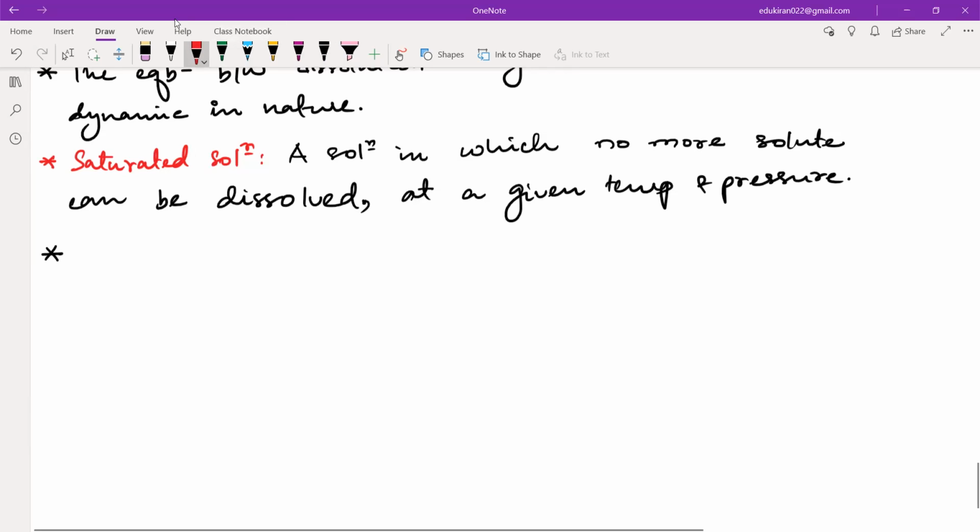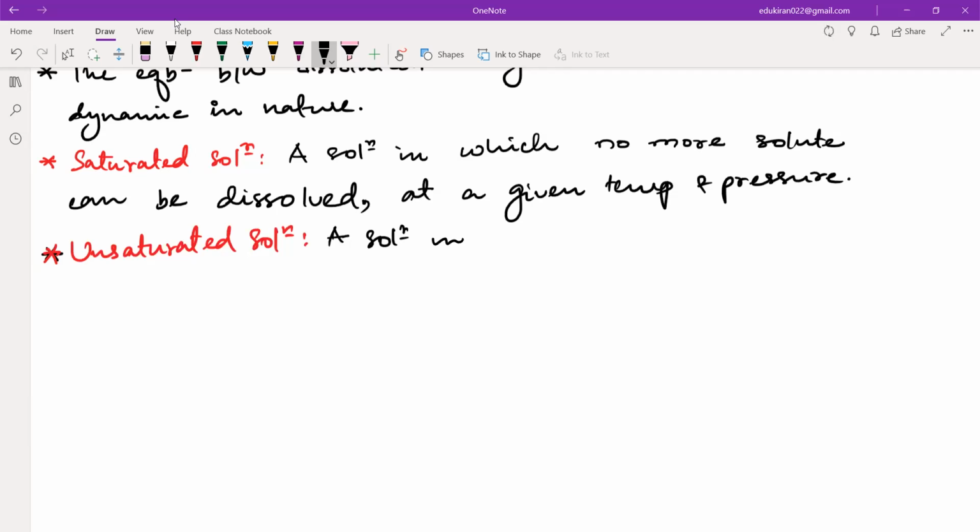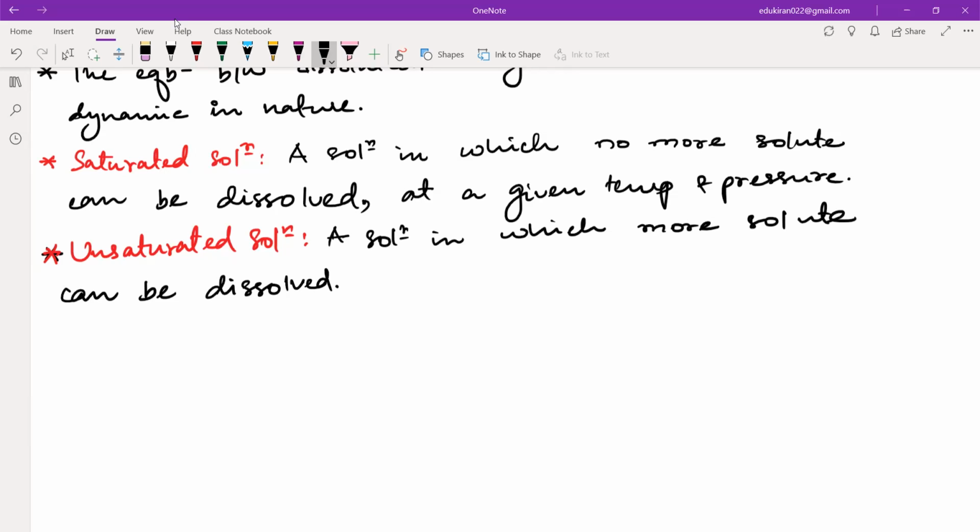Similarly, you will have another term that is unsaturated. It is a solution in which more solute can be dissolved.